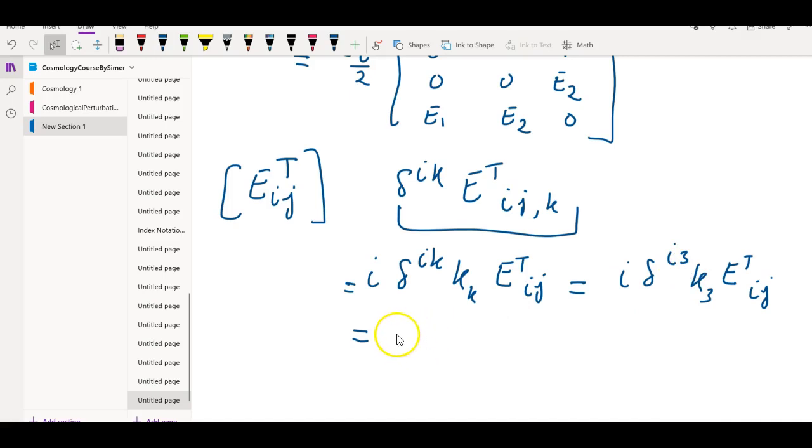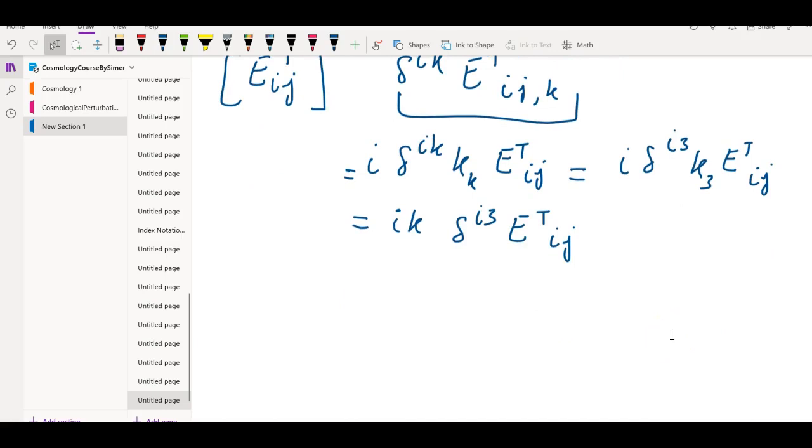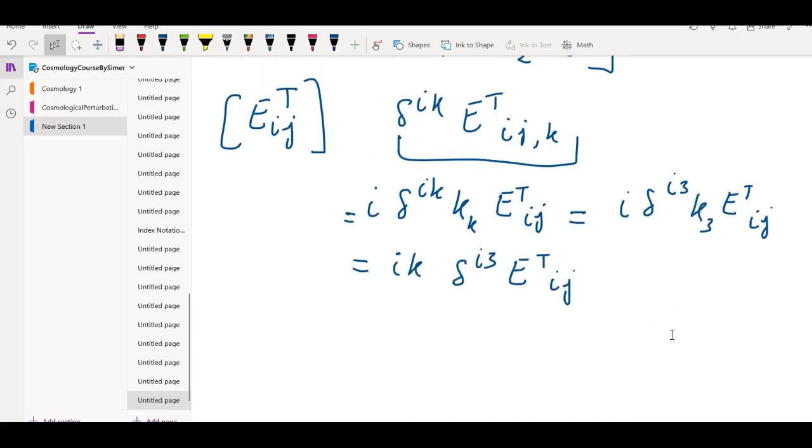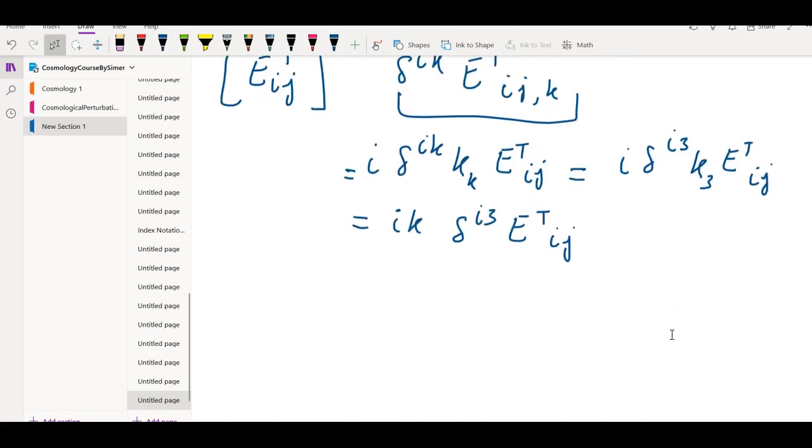So this will be K3, delta I3, ET IJ. When you contract this on I, you will get ET3J.